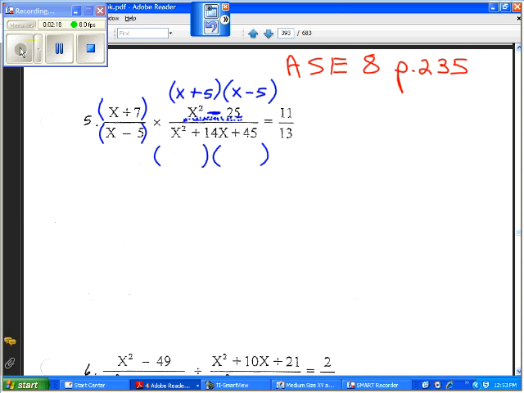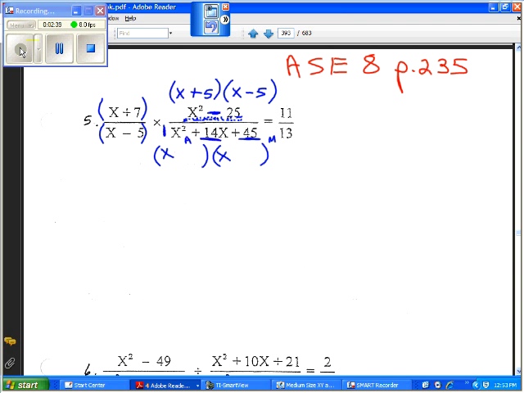Now, remember that if we're going to factor a quadratic and the leading coefficient is 1, we don't really have to go through the AC method. We can just put an x and an x. And then we can think, what can I multiply to get 45 but add to get 14?